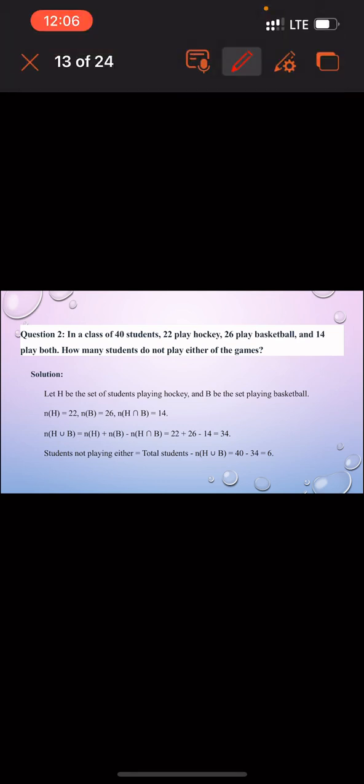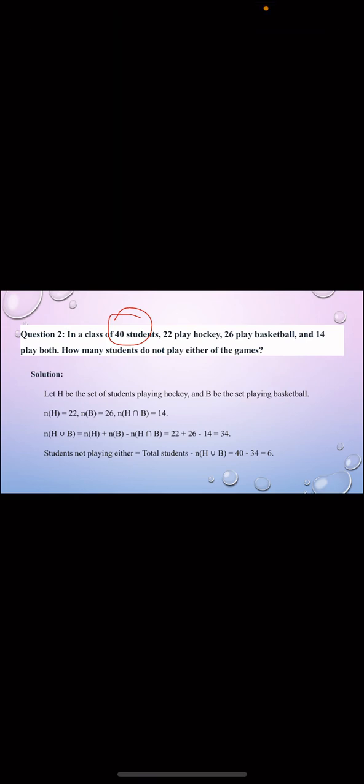So we have two sets, H and B. Here 40 is the total number of students.